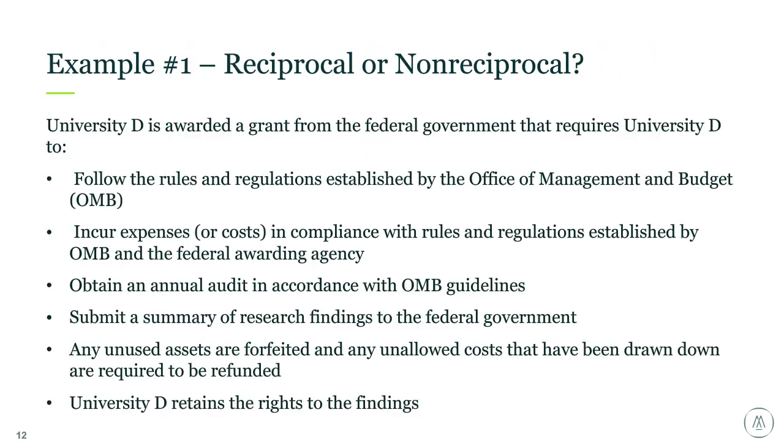Okay, we have a couple examples we're going to go through. For our first example, University D is awarded a grant from the federal government that requires the university to follow the rules and regulations established by the OMB, incur costs in compliance with rules and regulations established by the OMB and the federal awarding agency, obtain an annual audit in accordance with OMB guidelines, submit a summary of research findings to the federal government, and any unused assets are forfeited and any unallowed costs that have been drawn down are required to be refunded.